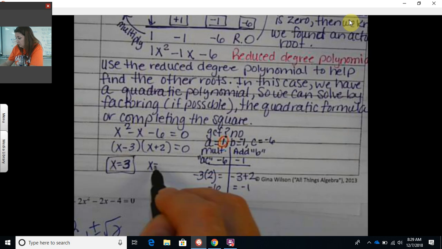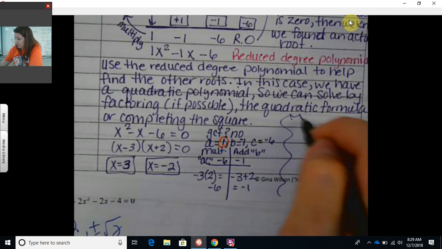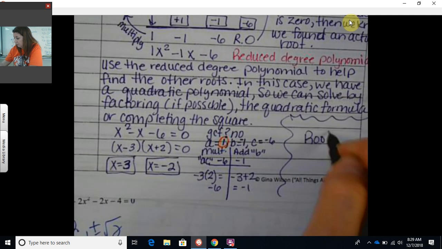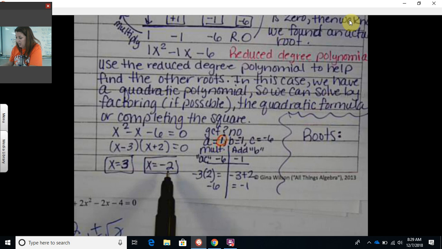There's the other solution. So I have now found 3 roots. I found that one when we did synthetic division, right? I have +3 and -2. So I like to list them least to greatest. So that would be -2, +1, +3.